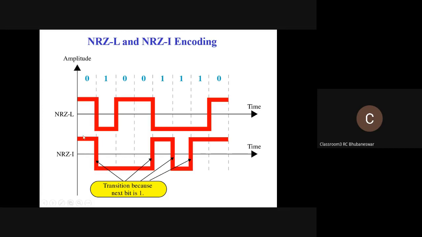Look at here. This is 1. इसलिए हमने देखो, for that purpose I have made a transition. +5 से -5 आ गया. Say this is 0. This is 0 this time. एक्चुअली पहली बार 0 था +5 में, क्योंकि इस बार हमने कुछ ट्रांजिशन नहीं करेंगे.